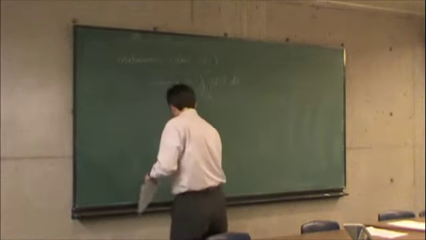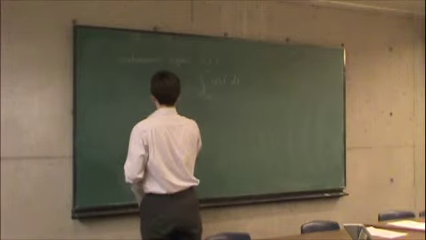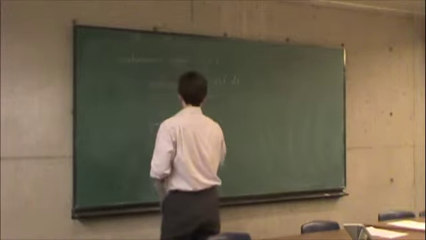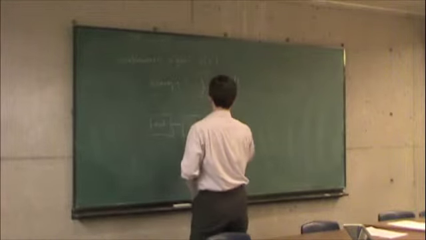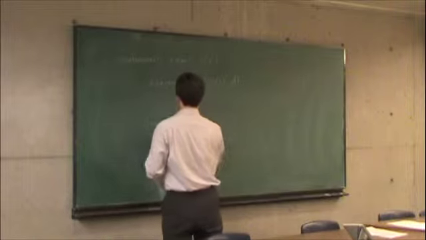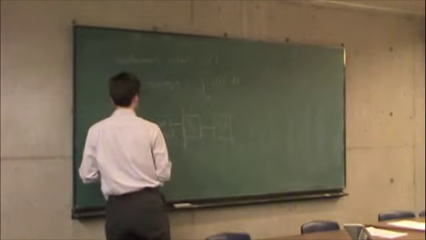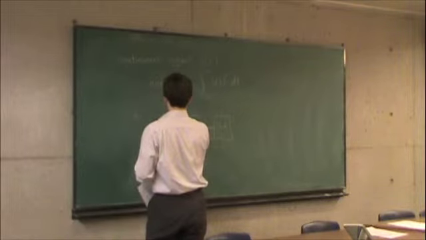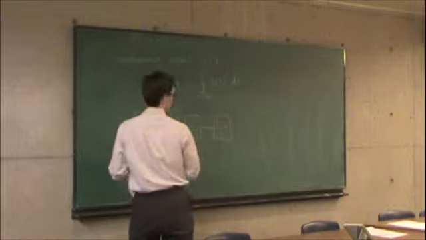Okay, I should have erased that. So here's modulation, here's D to A, and here's physical layer access. Going into modulation, we have the bits B. Coming out of modulation, we have S0 of K and S1 of K, in other words, discrete time signals.